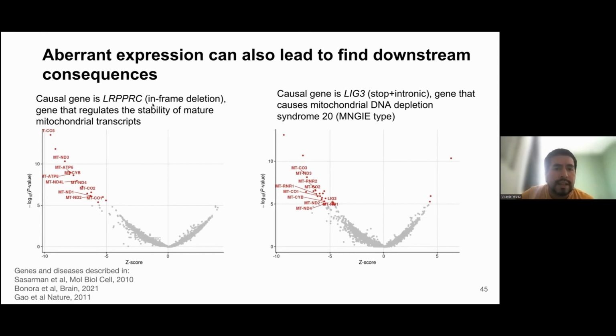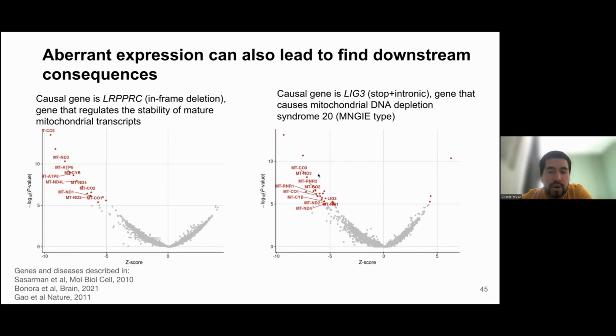The disease causal variant was an in-frame deletion, and we see the expression is only slightly reduced, so it's definitely not an outlier. That makes sense because it's just an in-frame deletion, not out of frame. And indeed, we see all these mitochondrial DNA genes underexpressed because this gene is disrupted, which disturbs the stability of those transcripts. The same with this other case: LIC3 is a gene known to cause mitochondrial DNA depletion syndrome.